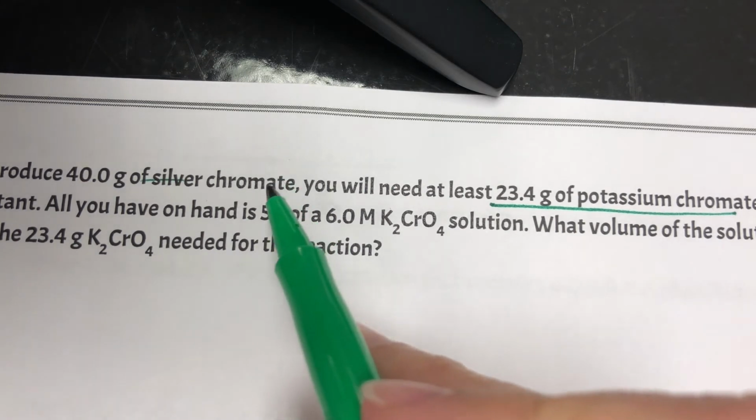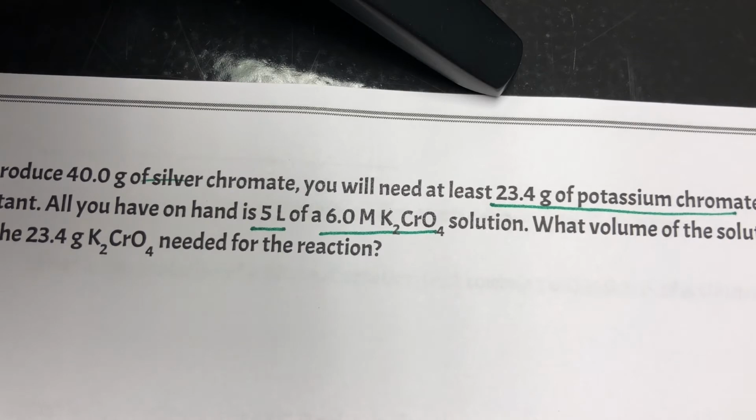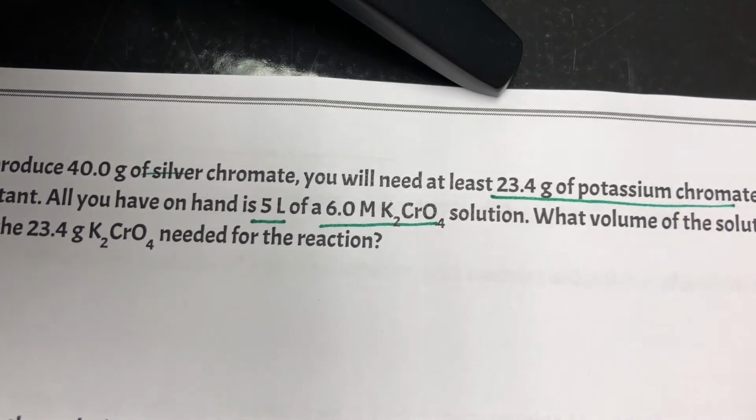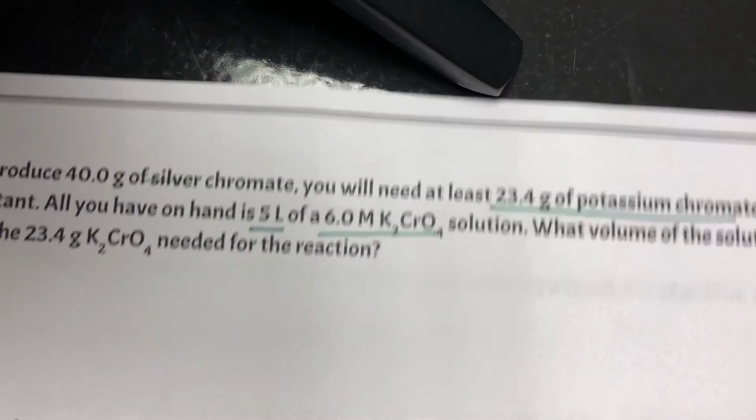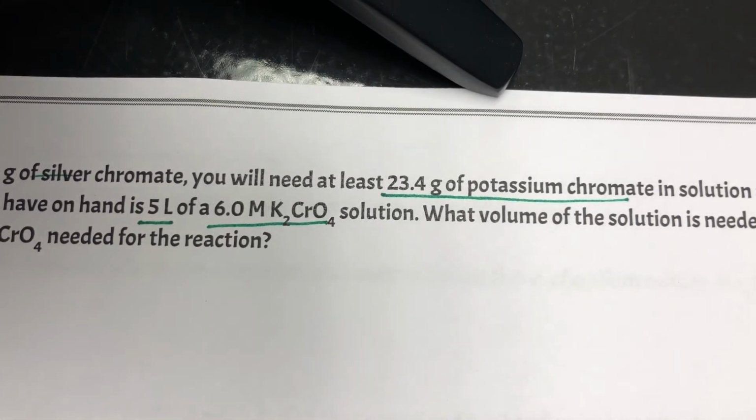But all I have on hand is 5 liters of a 6 molar solution. So I'm going to figure out what volume of the solution I need in order to get that 23.4 grams. This one requires a little bit more thought in how we're going to approach it.